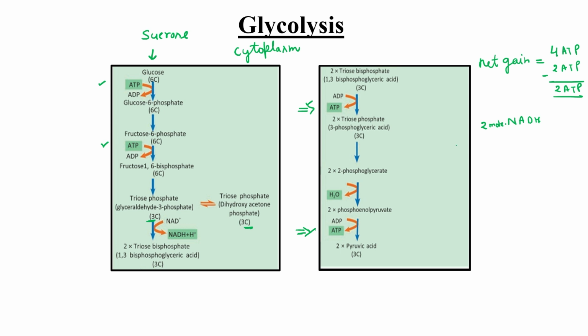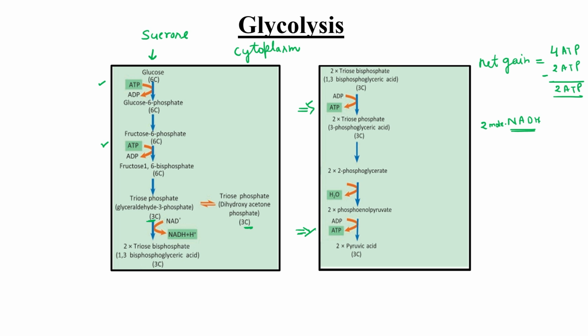It goes to the next level, within the matrix of the mitochondria, for oxidative phosphorylation. During that process, the mitochondria utilize the energy present in NADH to make ATP.